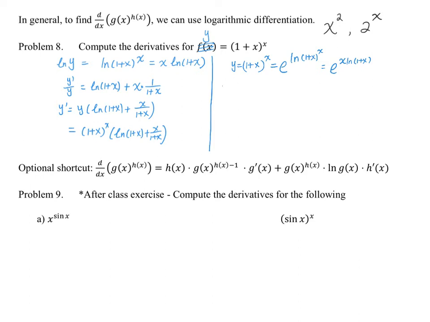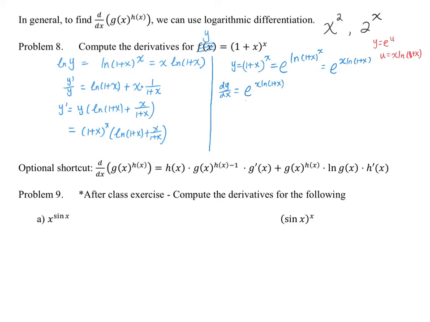Now, when we find the derivative of y, we are going to use the chain rule here. The outer is e to the u, and the inner is x times ln(1 + x). When we apply the derivative of the outer, it is just e to the u, so it will be the same function.